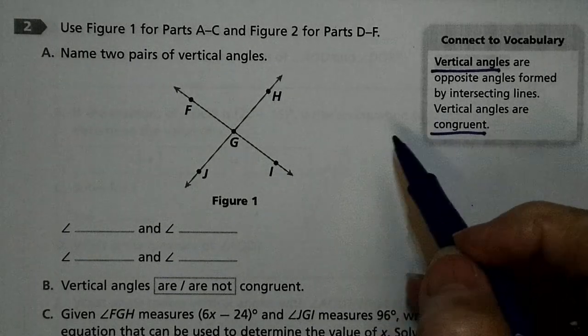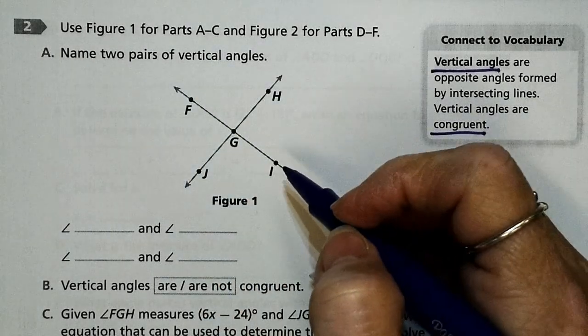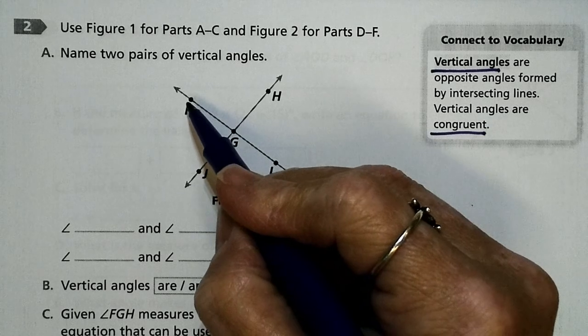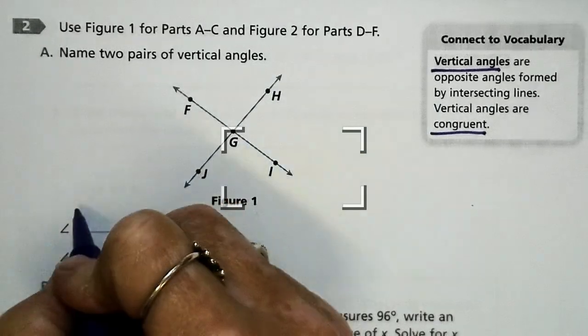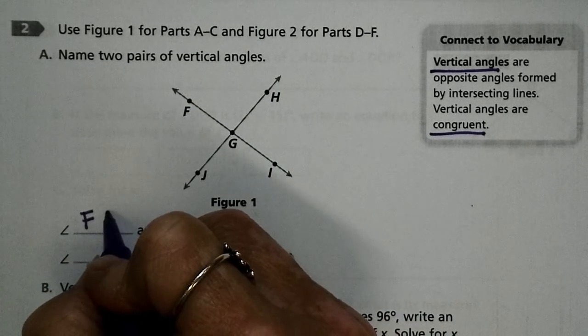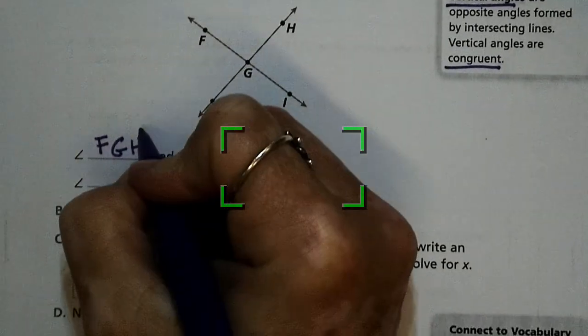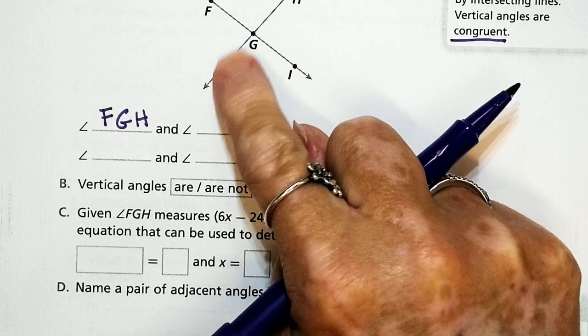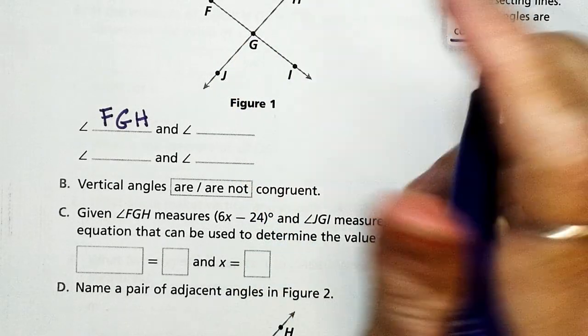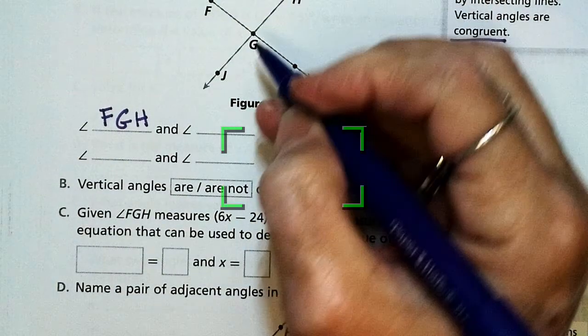So let's look at these. Name a pair of vertical angles. FGH is vertical to JGI. So these two are across from each other.